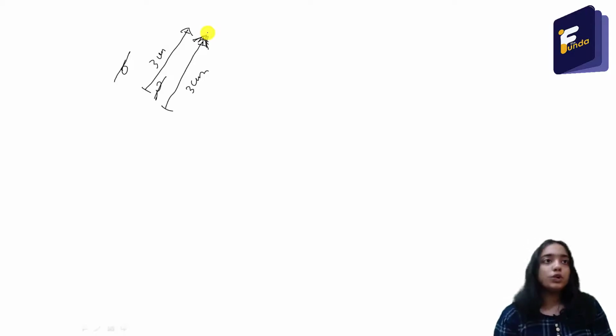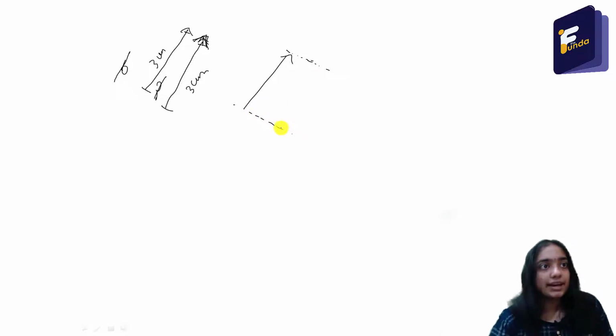So what we can do is, if we are given a vector quantity like this, okay, so let's say this is a vector quantity, we can parallelly shift this arrow. If I parallelly shift this arrow, then it will be here, and both these arrows represent the same vector quantity.